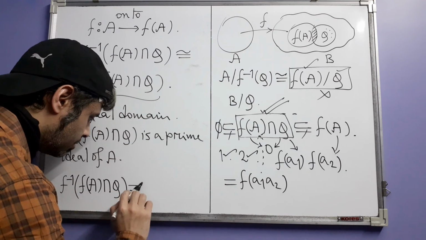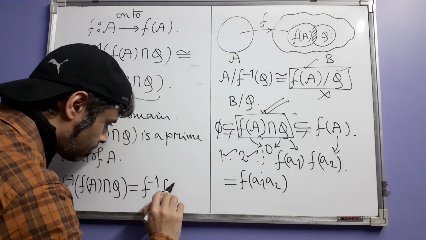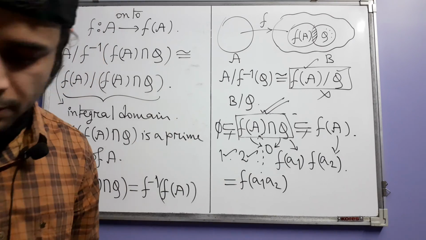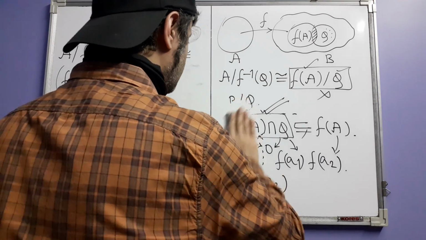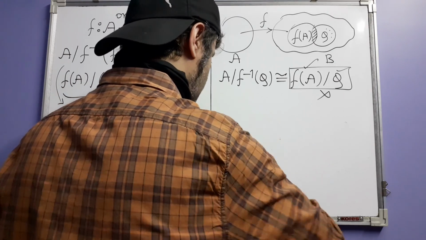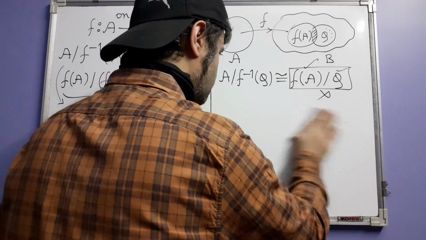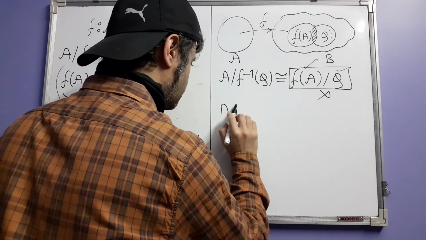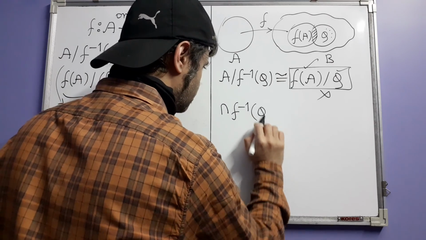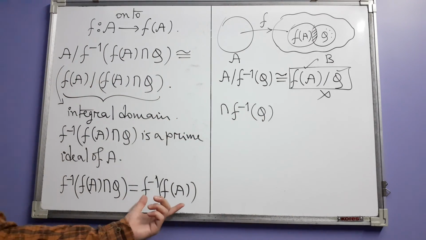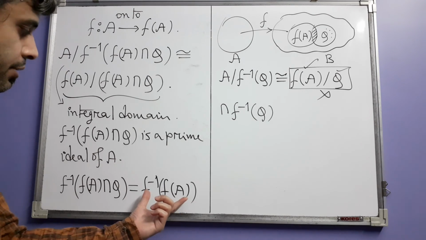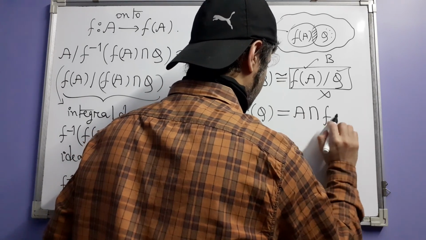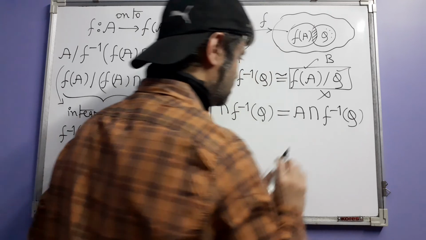In particular, when you have an intersection, it is this intersection, f inverse of Q. Now, a simple argument from function theory would tell you that this is equal to A. So you are getting this intersection.